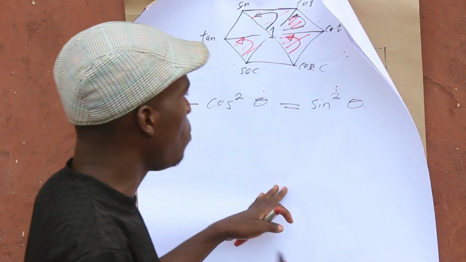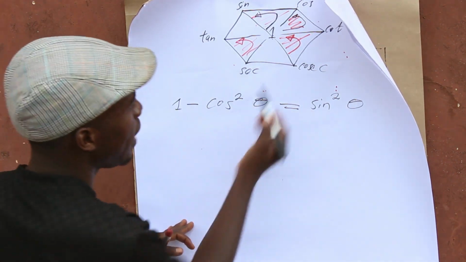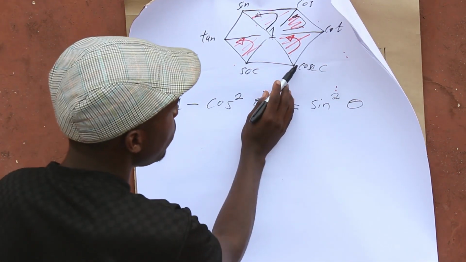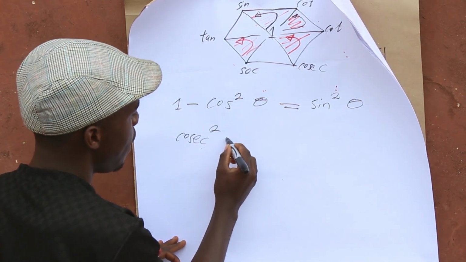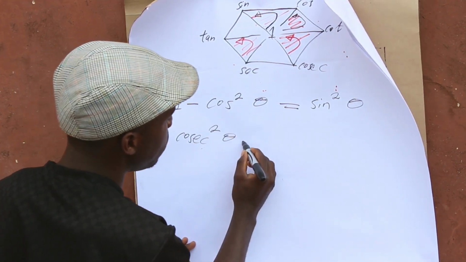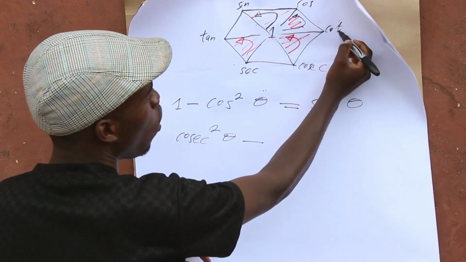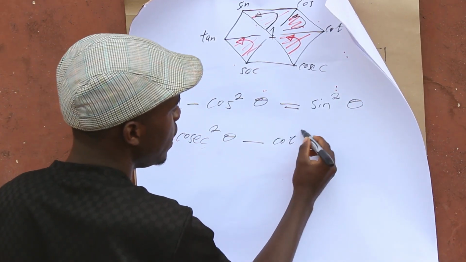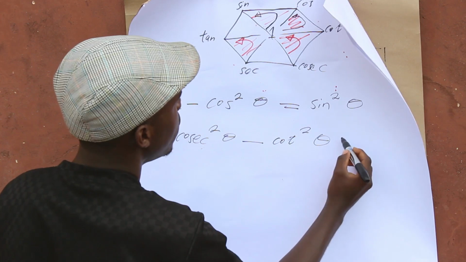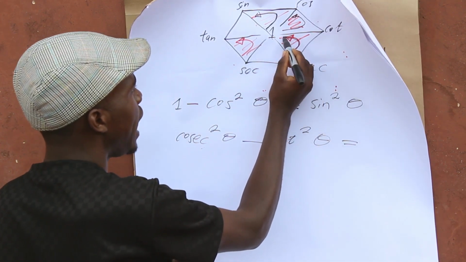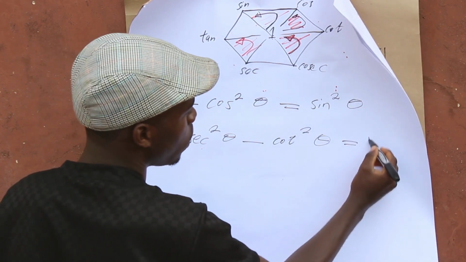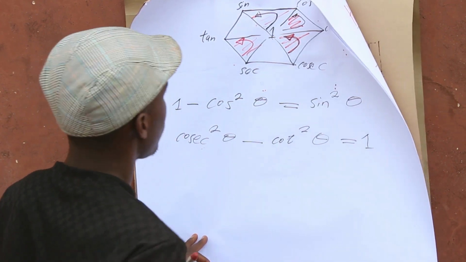This is also a very common identity. After that, you come here. Where are we starting from? We have cosec squared theta. You subtract cot squared theta equals, if you see here, it's bringing us to 1, equals 1.